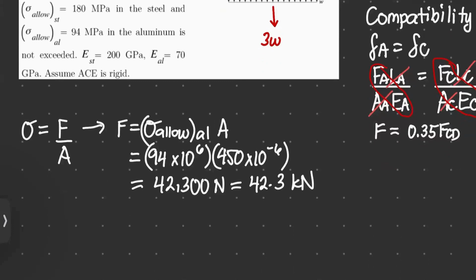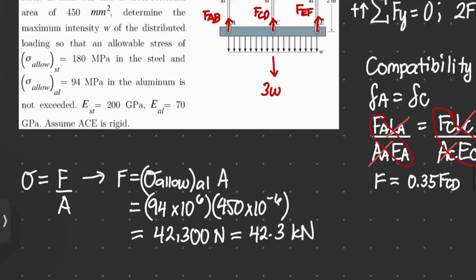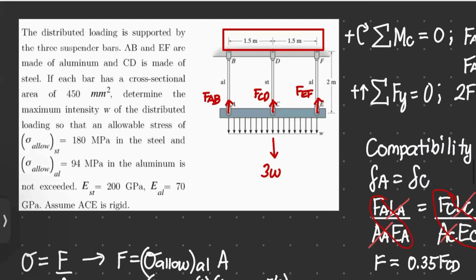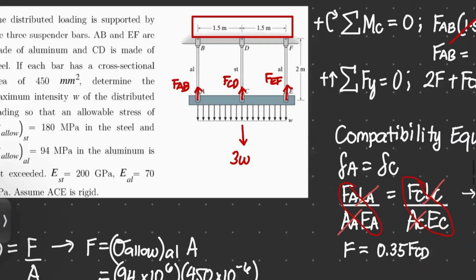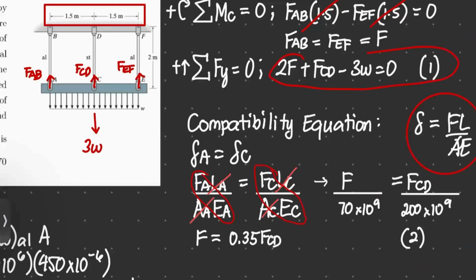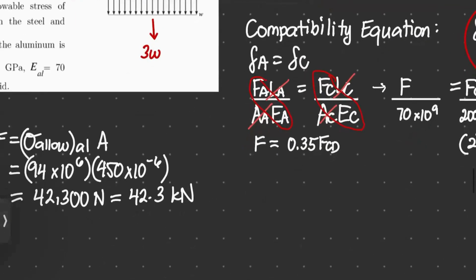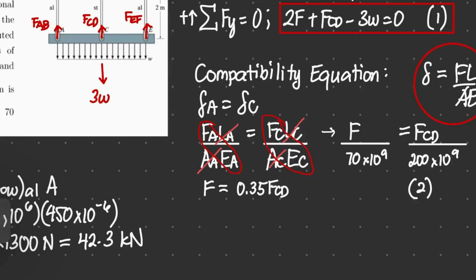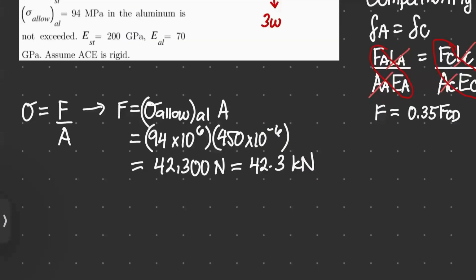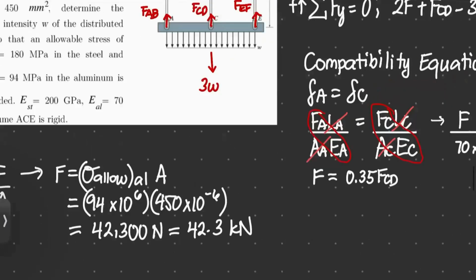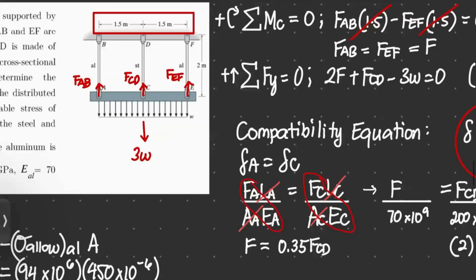Now, we know our value of F. So again, FAB is equal to F, which is also equal to FEF. Using equation 1, let me encircle it for you to get a glance of what it is. After determining F to be 42.3 kilonewtons, we can use equation 2 to determine our FCD.